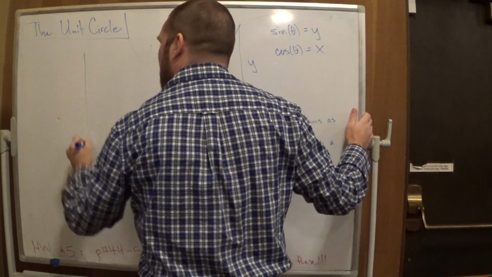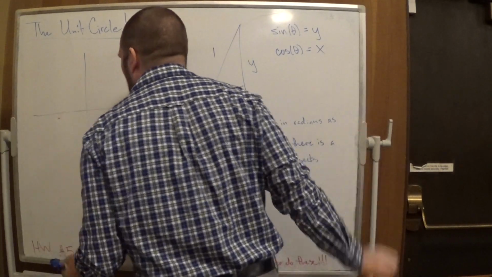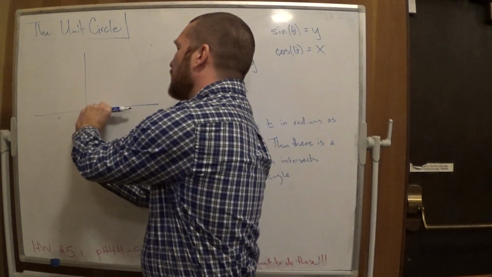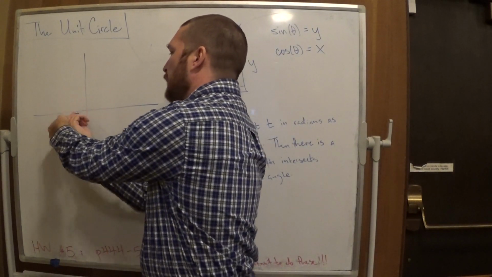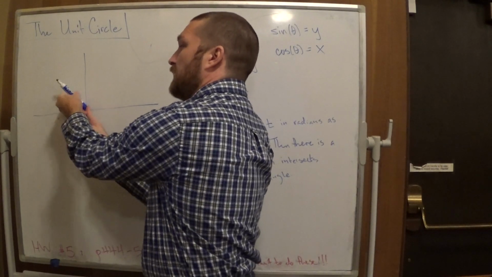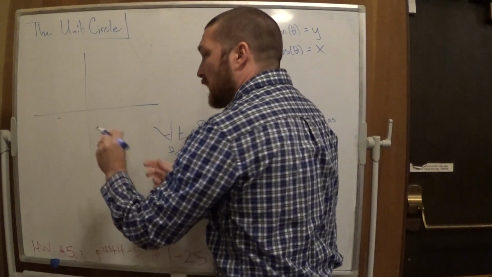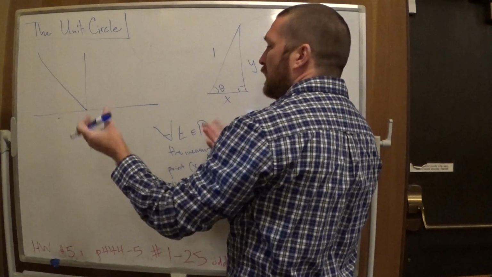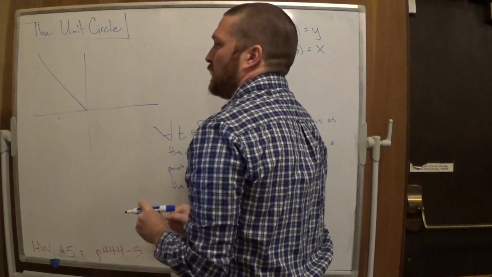You give me any number t, and we'll pretend for now that t is positive. And maybe it's really, really big. But what I could do is take t and just keep wrapping around until I get to whatever the radian measure is. And let's say that's where it ends, right here. Doesn't need to be there, it could be anywhere, but we'll just say it's right there.